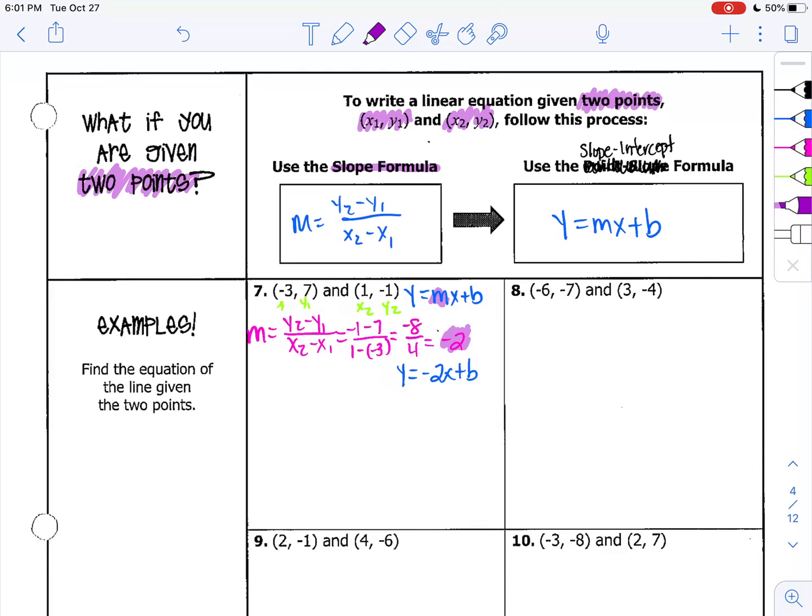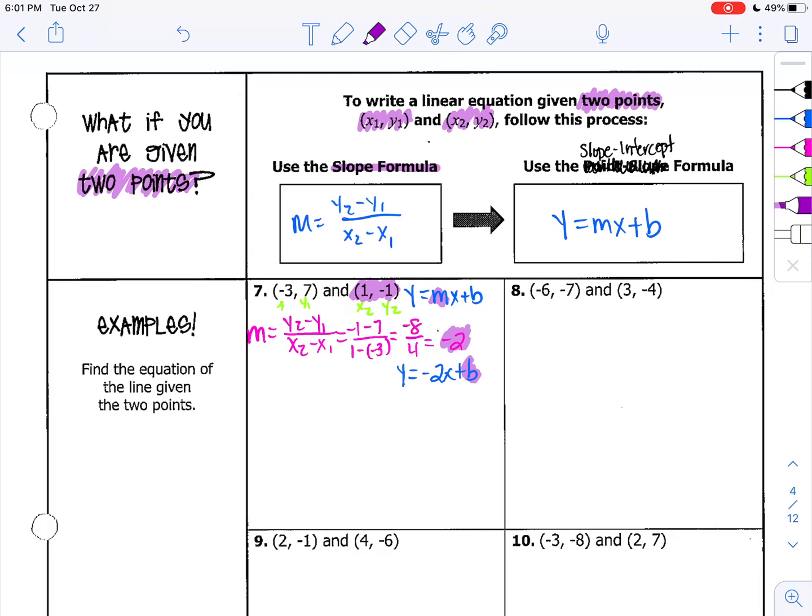Next, we need to know our y-intercept value, the b value. So in order to do this, we're going to use the equation we have so far and one of the given points. It doesn't matter which point you use because both of the points lie on the line. Choose the point that is easiest for you to use. I'm going to choose the point 1, -1.